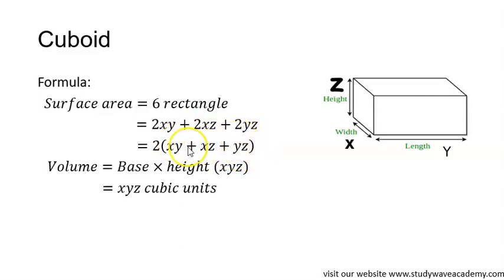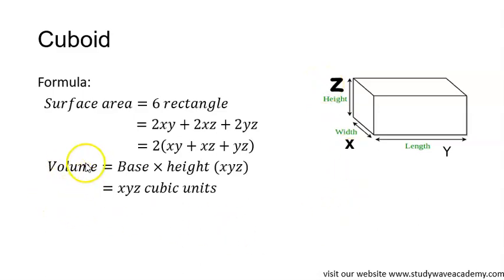Don't be confused. This is still the same as this, okay? Do you understand? So it's the width times the length plus the width times the height plus the length times the height. That is how you get the surface area of a cuboid, okay?